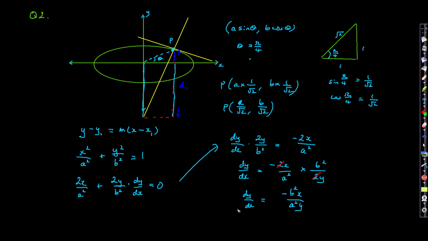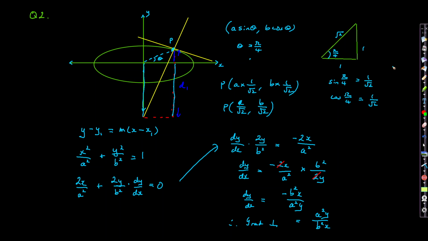So that's the gradient of the tangent in terms of x and y and a and b. So therefore the gradient of the normal, I'll just use that symbol for normal, would be the negative reciprocal of this, so a squared y over b squared x.